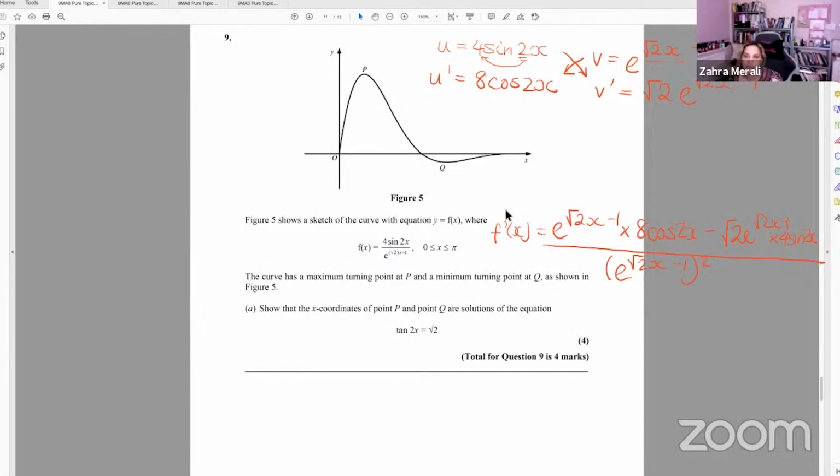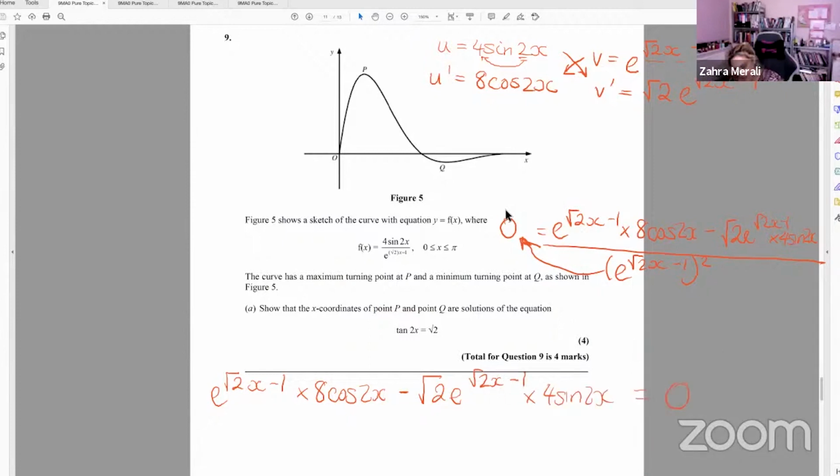Now, because we're finding the minimum points, we're making all of this equal to 0. And when we make it equal to 0, that's going to multiply up and disappear. Then we're left with e^(√2x) − 1 times 8 cos 2x, minus √2 e^(√2x) − 1 times 4 sin 2x equals 0.